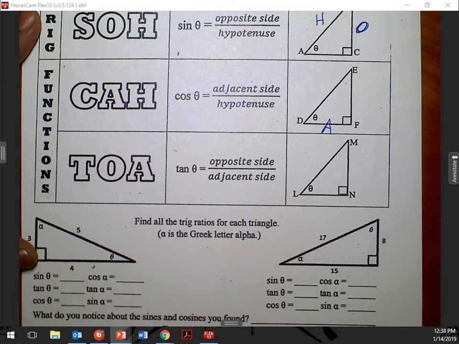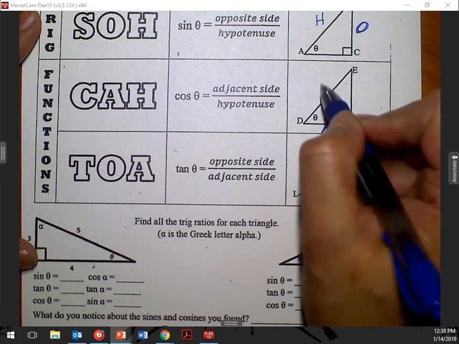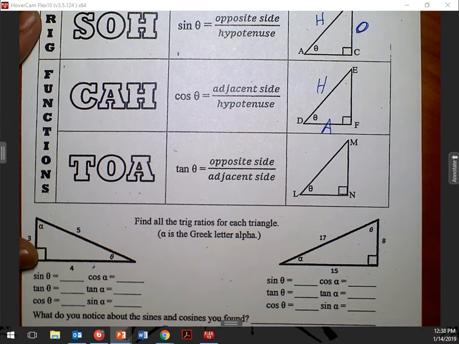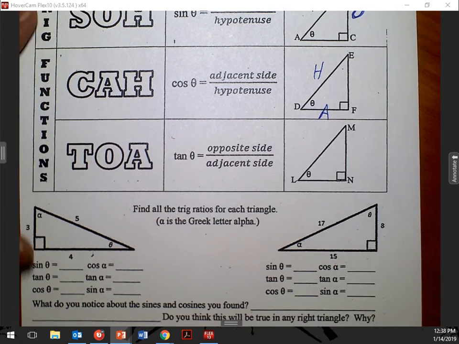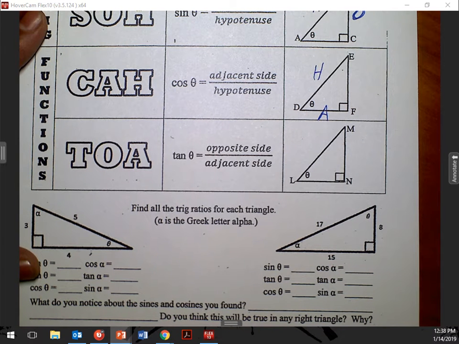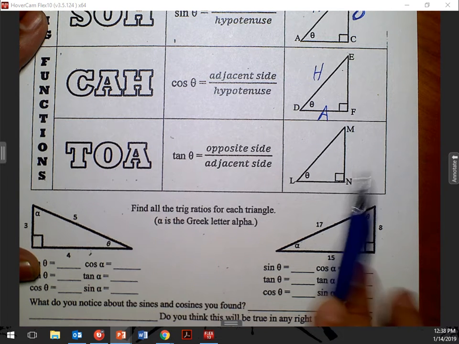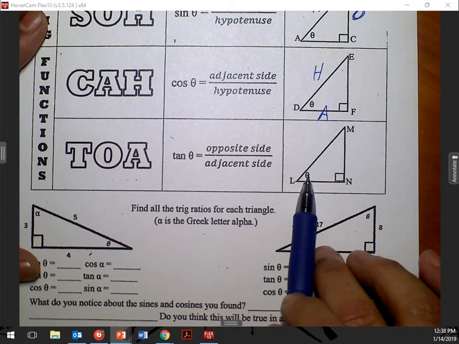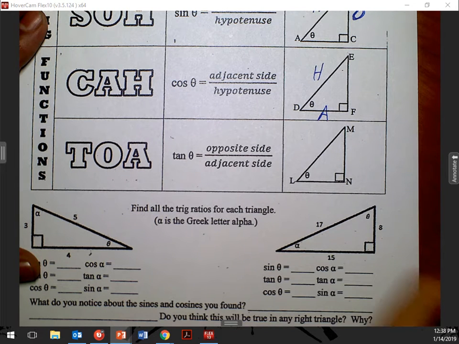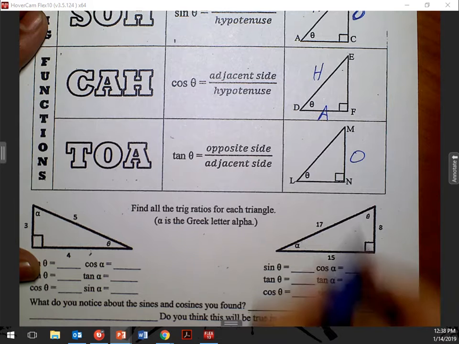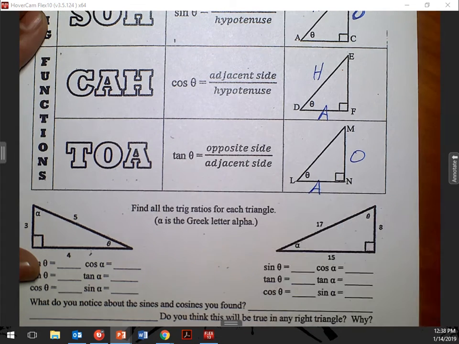Hypotenuse is DE, right? Very good. This last one is going to be tangent. Tangent is opposite over adjacent. From my angle, opposite would be MN. So put it over there. Adjacent is LN. Very good.